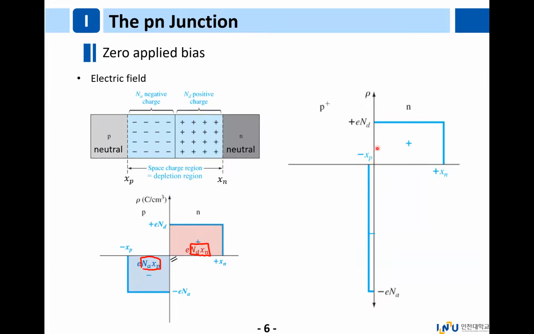Therefore, Xp will be close to 0, and due to the large Na, a charge density profile of a thin and long shape will be drawn. The same area will be represented in the N-type region's charge density profile.